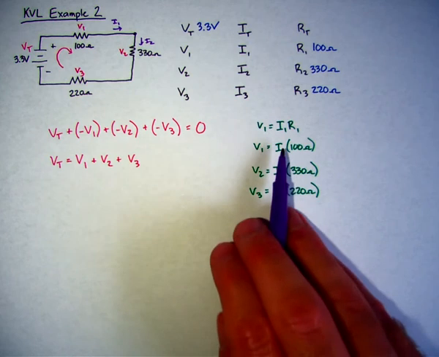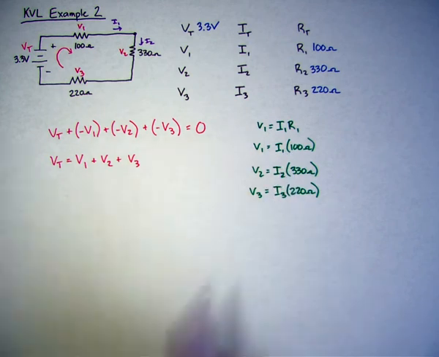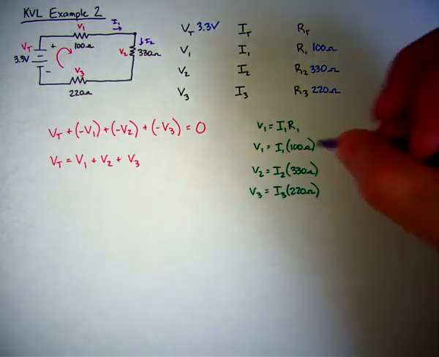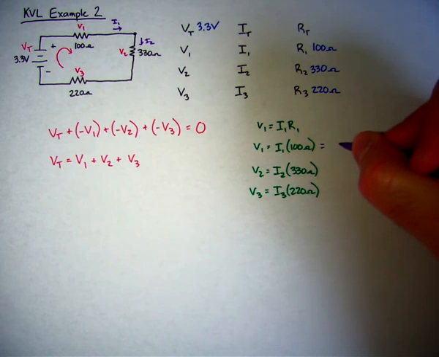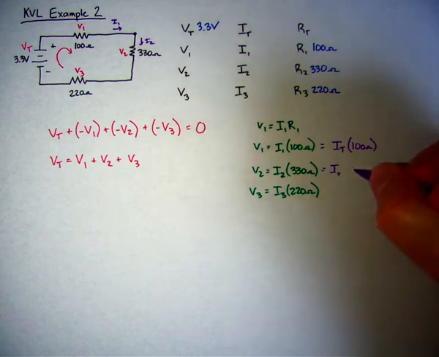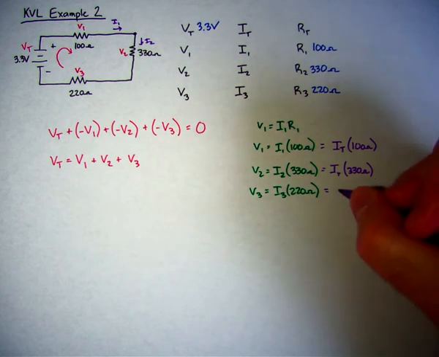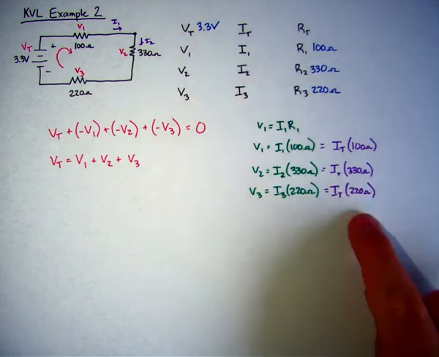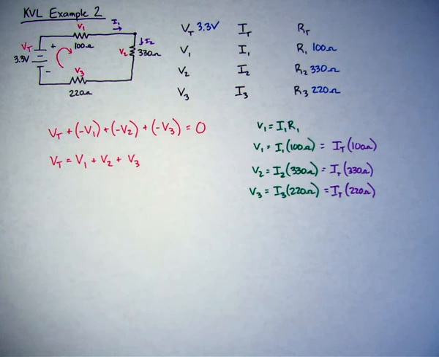So if I replace all three of these I1, I2, I3 with the total, that means this is just the total current times 100 ohms. This is just the total current times 330 ohms. And then V3 is just the total current times 220 ohms. Now I'm going to substitute these back into our equation.